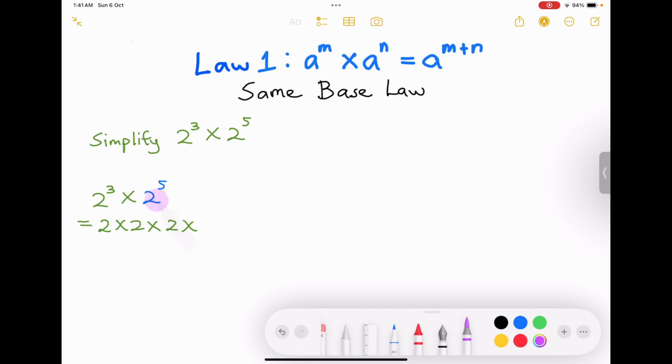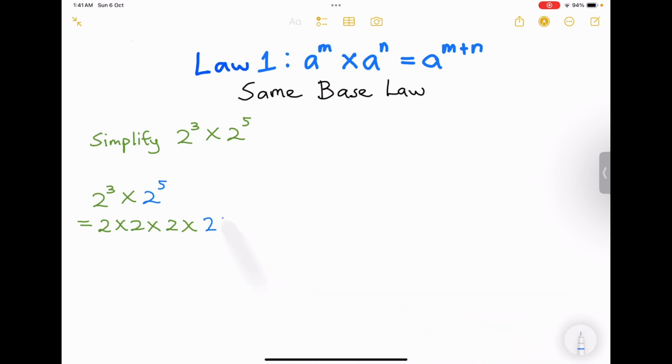Two to the power 5 means that this number 2 will appear 5 times. 1, 2, 3, 4, 5.